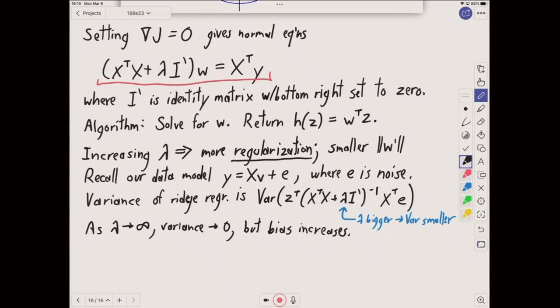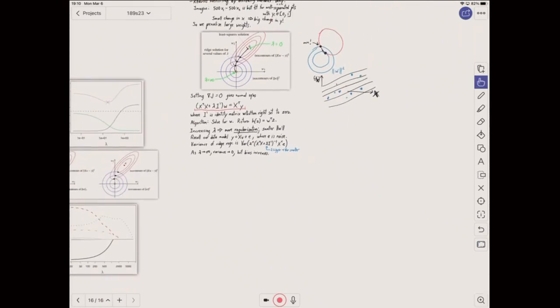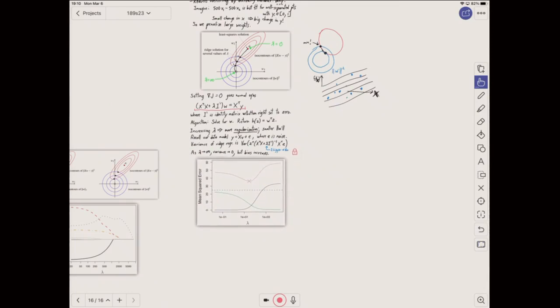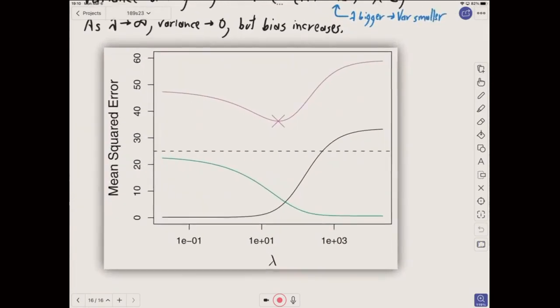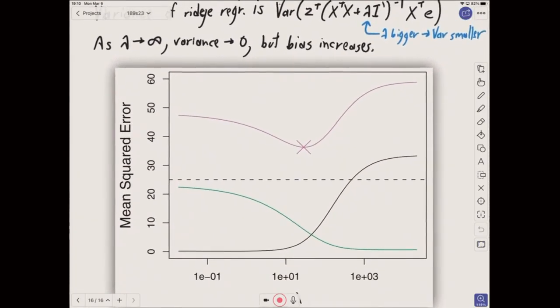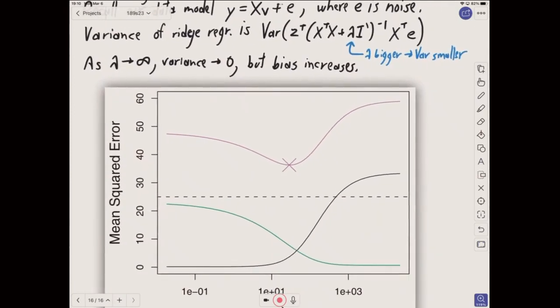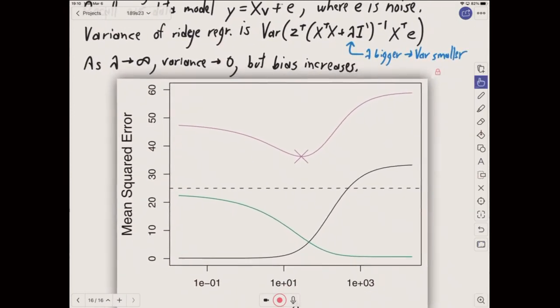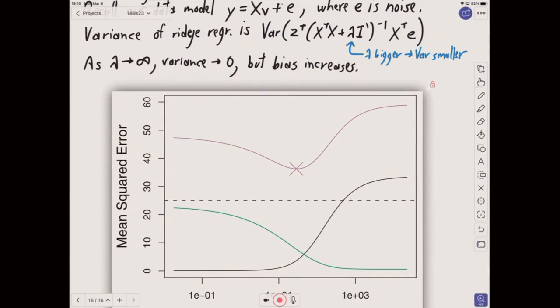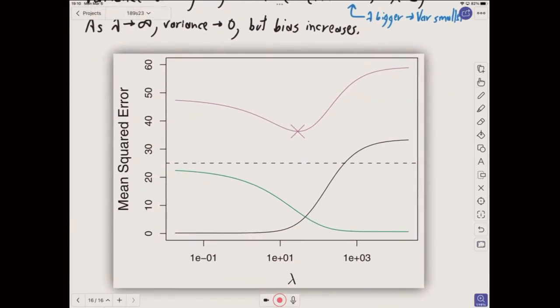So in one of your textbooks, Introduction to Statistical Learning, they have a little graph that shows you what this looks like for one particular ridge regression problem that they solve. In this chart, the horizontal axis is lambda. So we're seeing what happens as we crank up the ridge regression hyperparameter.